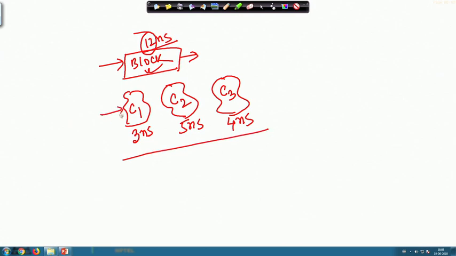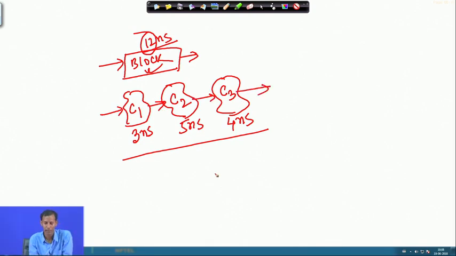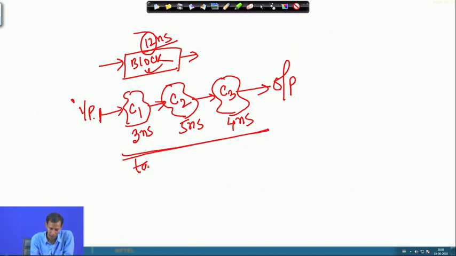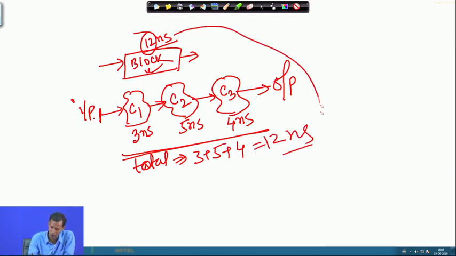As these are connected to each other, from the input to the output, the total time taken is 3 plus 5 plus 4, that is equal to 12 nanoseconds, which is the delay for this particular block.